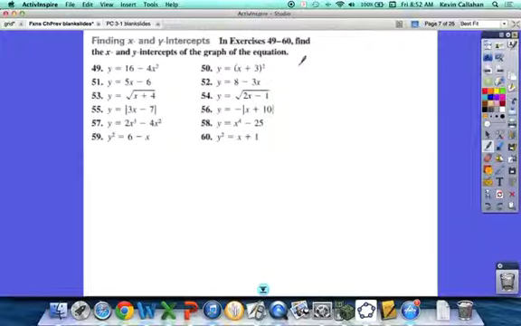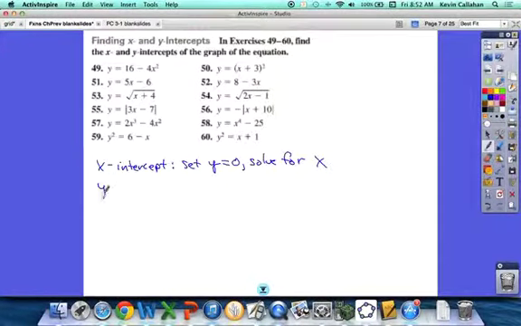Set y equals 0 and solve for x. To find the y-intercept, set x equals 0 and solve for y.